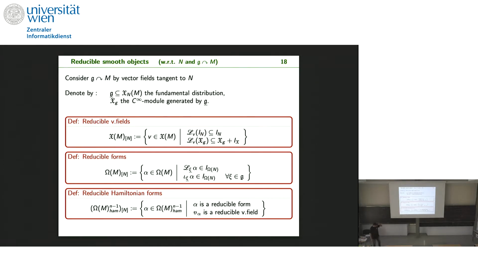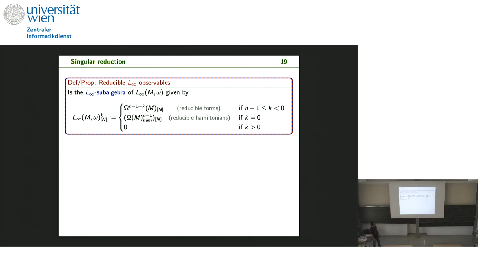So these are the recipes for constructing reducible observables. And what's the upshot?